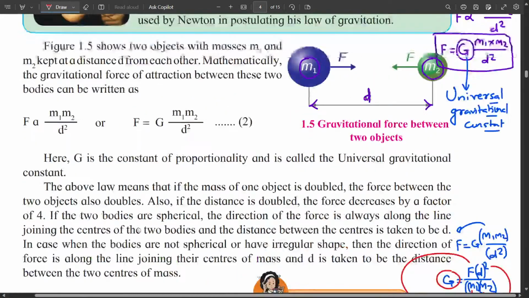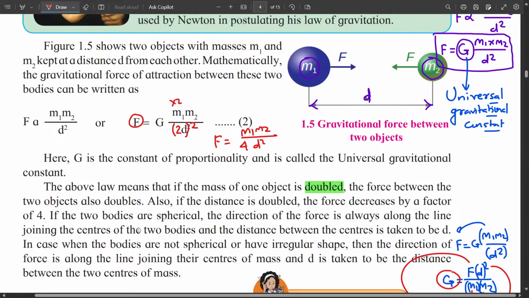Now if we look at this law once again, we see that if the mass of one of the objects is doubled, that means out of m1 m2, if one is doubled, then the entire force will be doubled. Also, if the distance between the two is doubled, that means d is doubled to 2d, then F is equal to m1 m2 upon 2d square, which is 4d square.